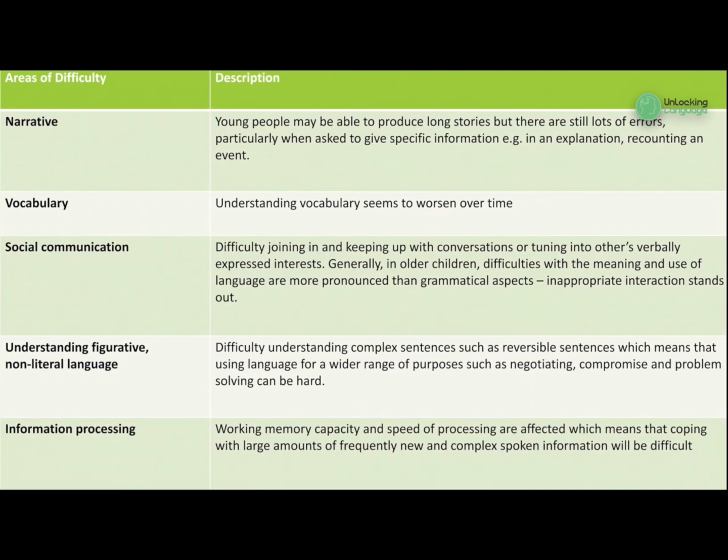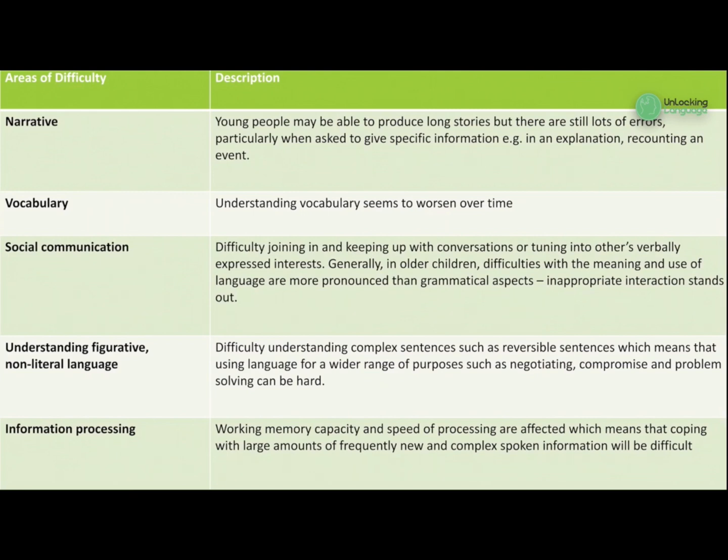Social communication is when a child finds it difficult to join in and keep up with the conversations of others by not tuning in to someone else's expressed interests or needs. Generally, in older children, difficulties with the meaning and use of language are more pronounced than grammatical aspects.